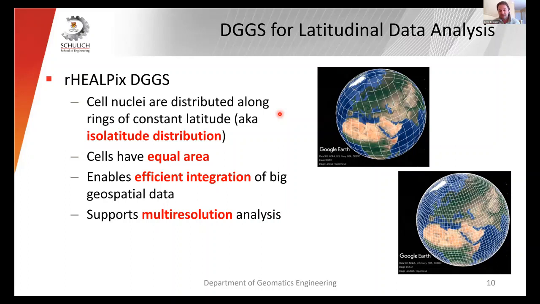So we can avoid some of the normalization by area issues that you might come across with using a geographic grid. And as a DGGS structure, we already know, as Perry discussed, it enables efficient integration of large volumes of heterogeneous data, whether it's population data or economic data. And it also supports multi-resolution analysis.